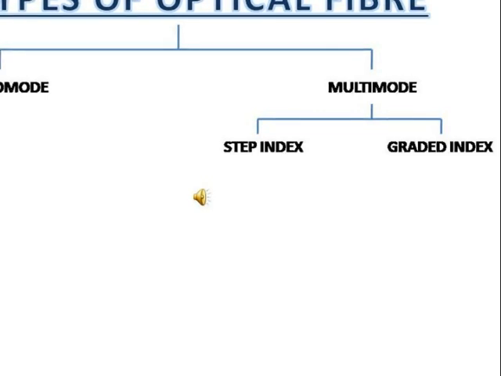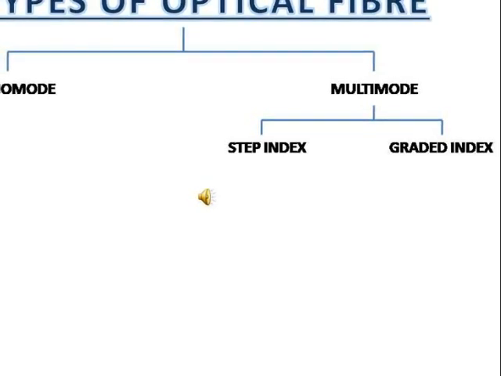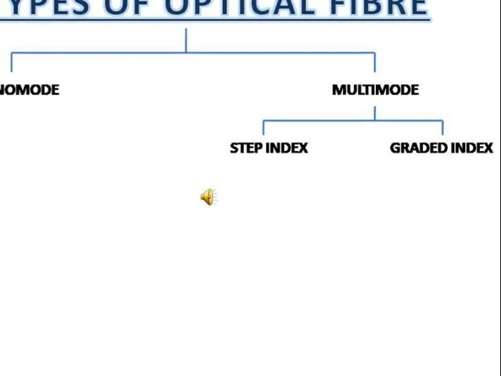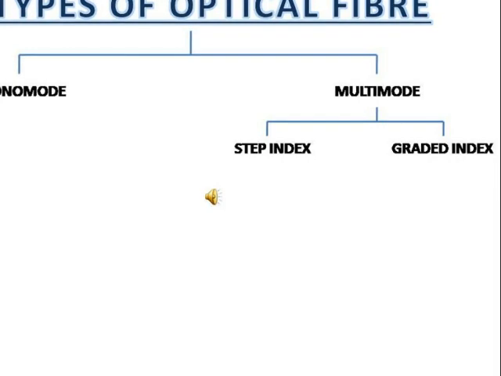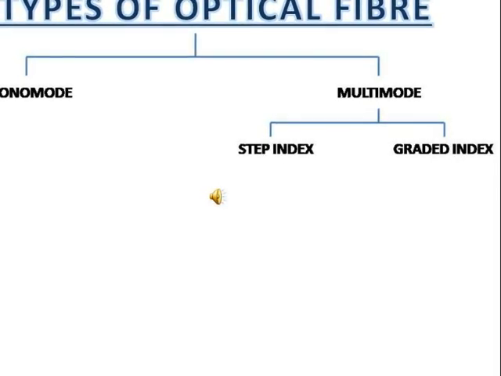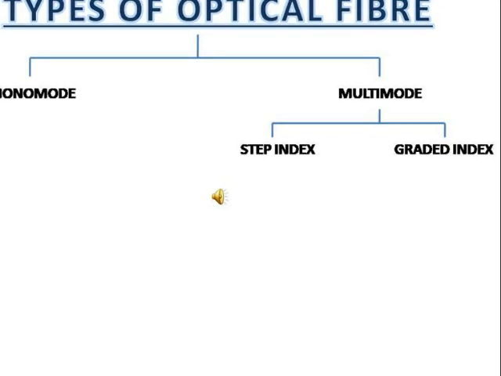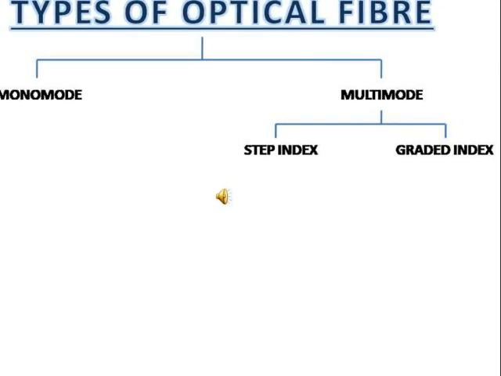There are two main categories. Number one, step index. Number two, graded index. When I say step index and graded index, the only difference is in the core refractive index and the cladding refractive index. We know the cladding refractive index is lesser than that of the core.